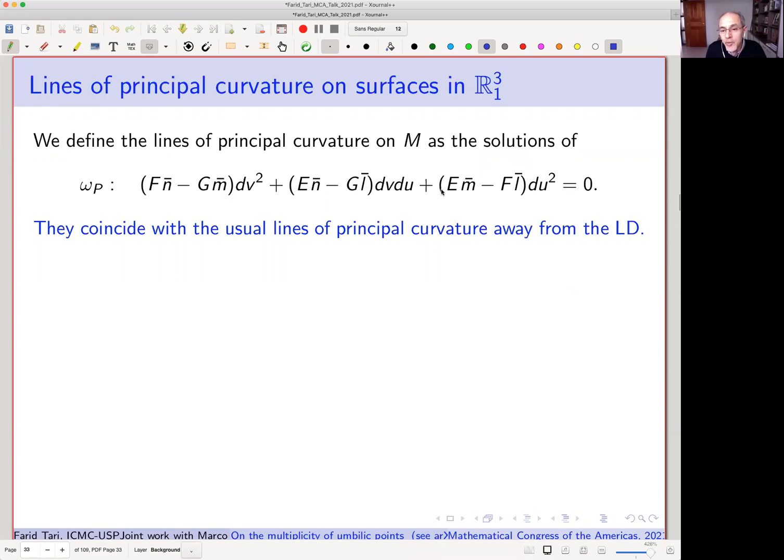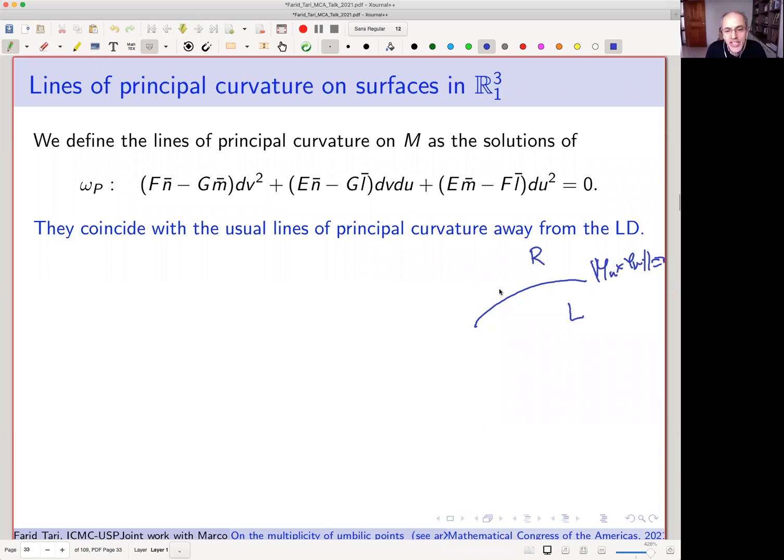And what does it give you? Away from where phi_u times phi_v is different from 0, which means on the Riemannian or Lorentzian part, this equation is exactly the equation of the lines of principal curvature.